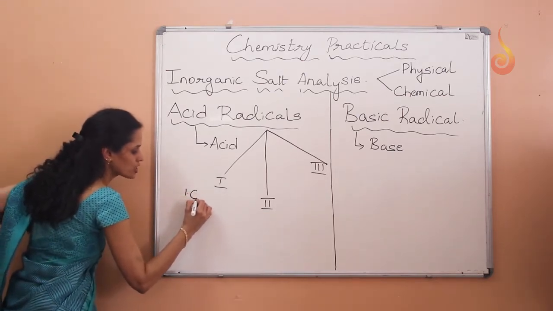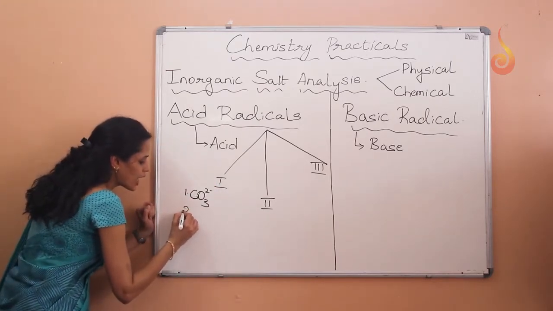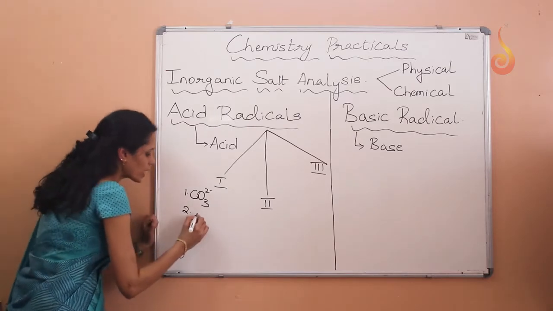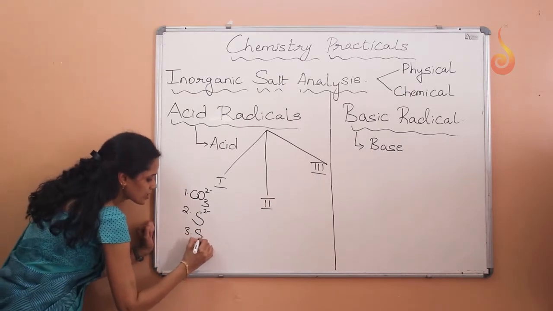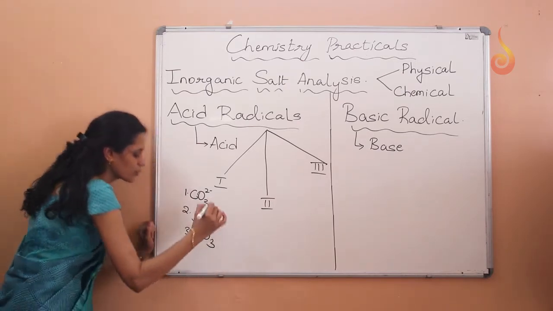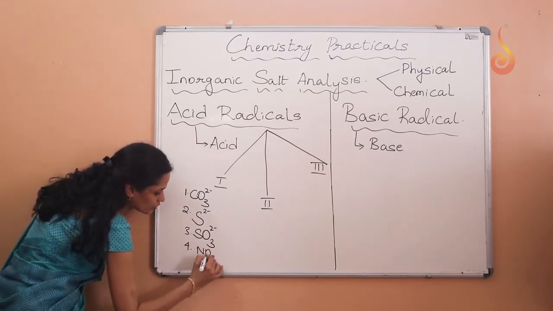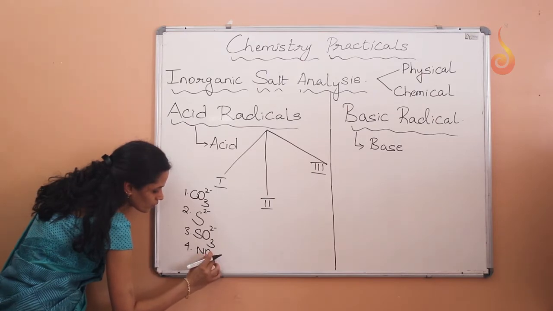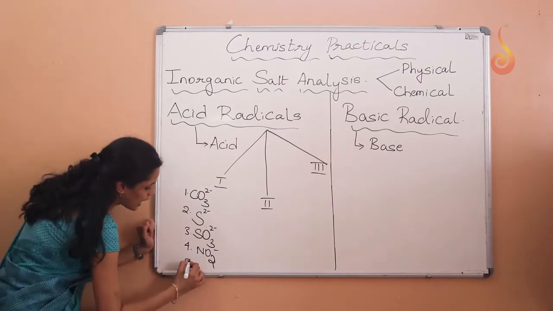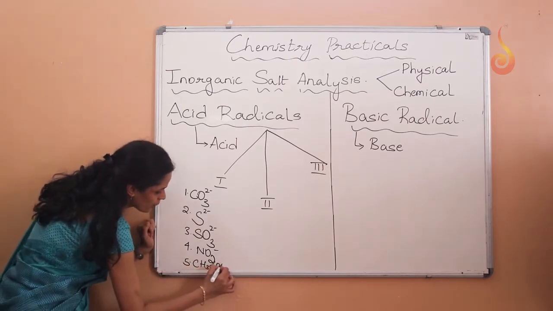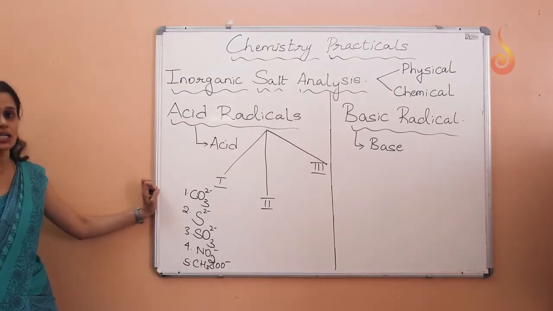In the first group, we have the carbonate radical, then the sulfide radical, then the sulfite radical, that's SO3 2 minus, then NO2 minus, nothing but nitrite ion. The last one is the acetate ion.